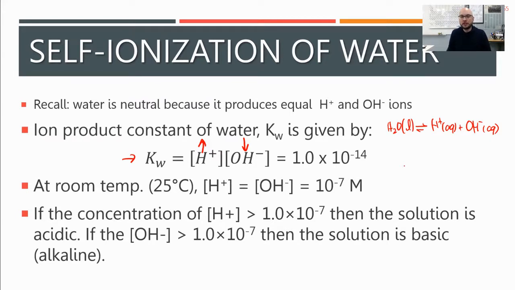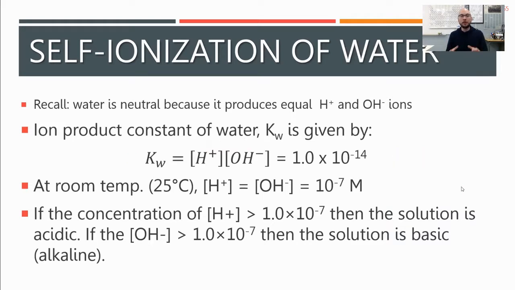It's easier to imagine this. Let's say that Kw, as an easy number, is 100. In a neutral solution, we have 10 times 10 equals 100. But if we increase the concentration of hydrogen to 50, that means we have to decrease the concentration of OH minus to 2 because we want it to get to 100 still, right? That constant is always there.